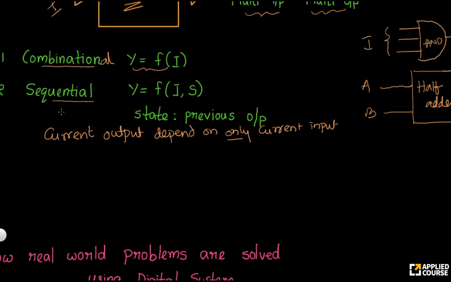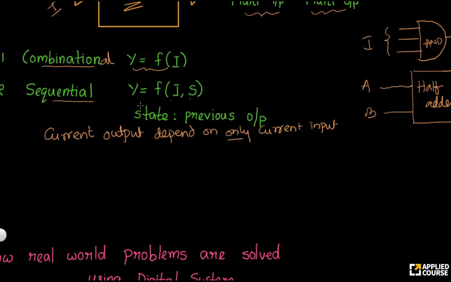On the other hand, there is another type of digital system which more or less follows human behavior. In human behavior, the response depends on the current inputs as well as the previous impression of the person.